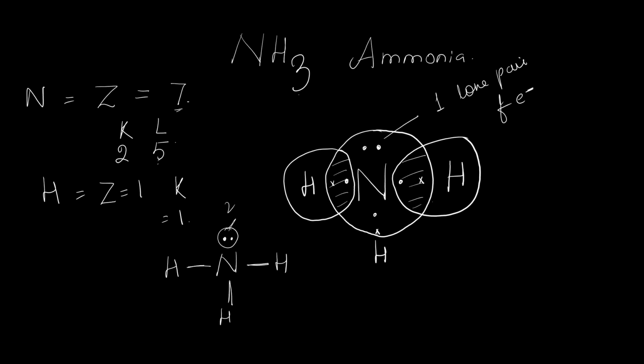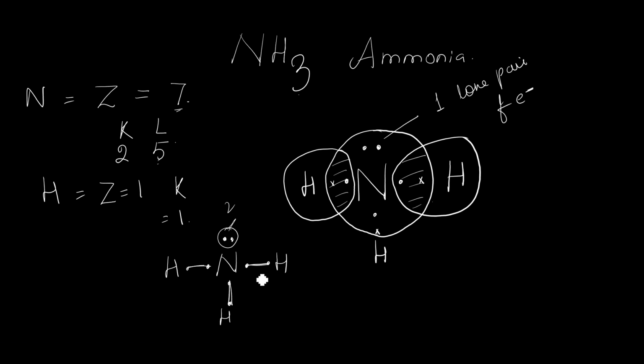So why it is making bonds is mainly to have the octet electronic configuration to get stability. That is why these molecules make bonds with other atoms. So now if you count the electrons in the nitrogen, see 1, 2, 3, 4, 5, 6, 7, 8. So nitrogen gets 8 electrons.